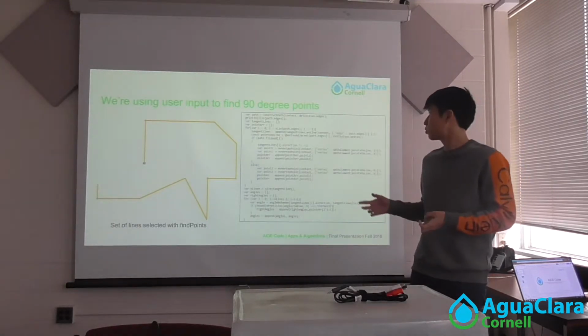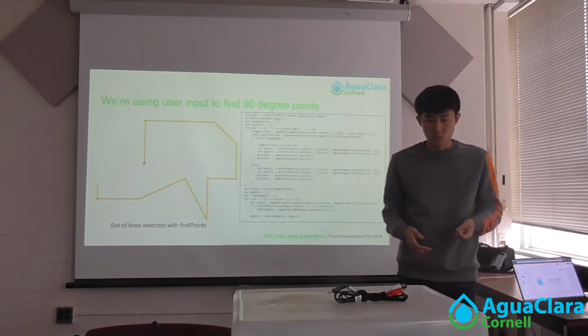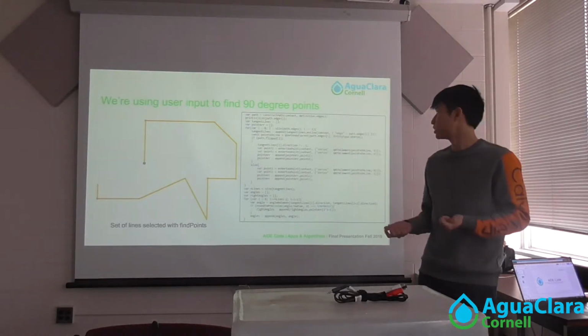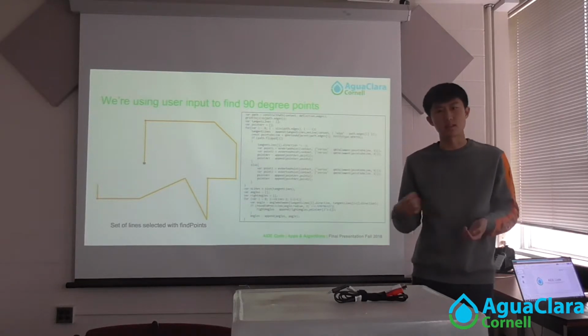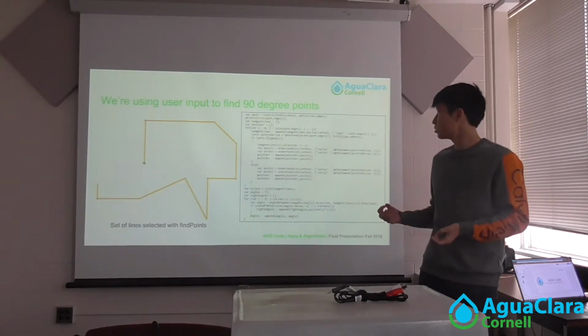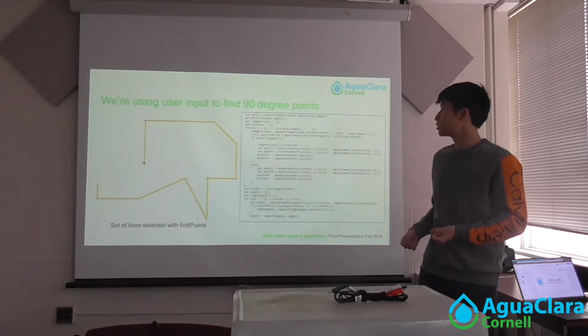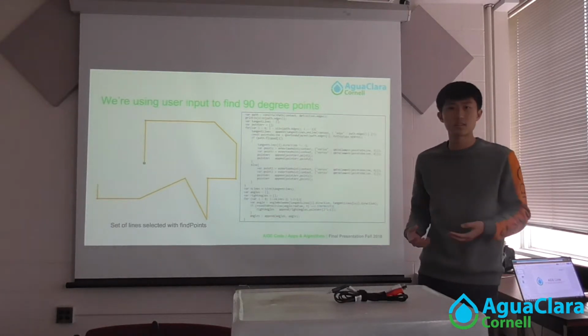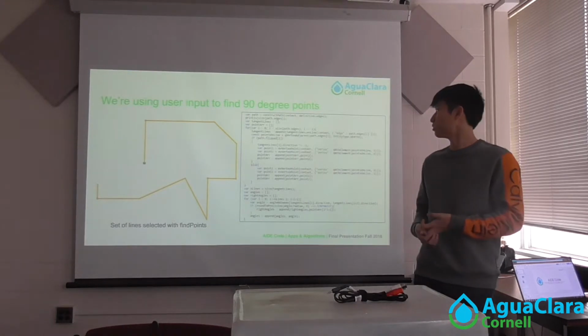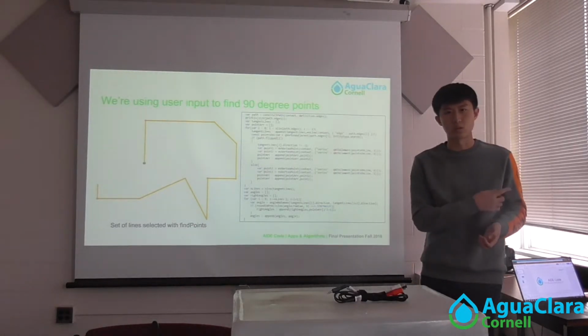In order to decide where the elbows are going to go, we created a helper function known as find points to find 90-degree angles within a selected amount of points. This also utilizes a FeatureScript and Onshape entity known as paths, which is just a collection of lines that are connected together in order.